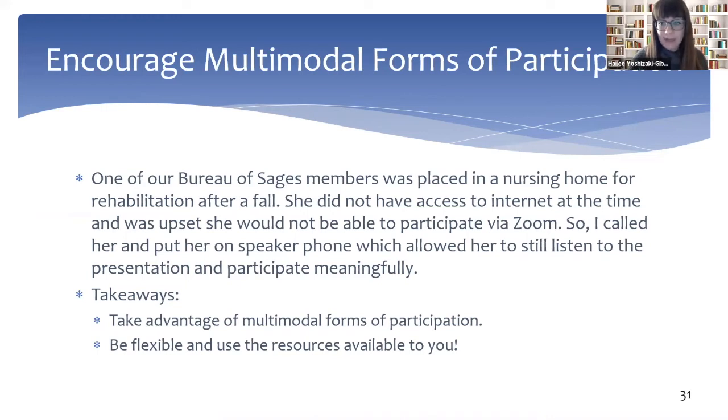So trying to be flexible, I basically just called her and put her on speakerphone. And it was a little challenging at times navigating Zoom and a phone, but it did end up working out and it allowed her to still listen to the presentation and participate meaningfully. So when you're doing that kind of troubleshooting, it's very important to just be flexible, think about what all your options are, and take advantage of all the resources you have. Next slide, please.